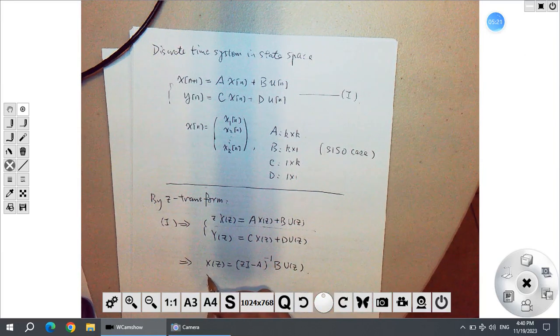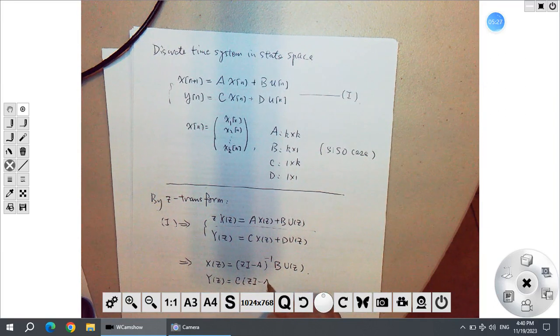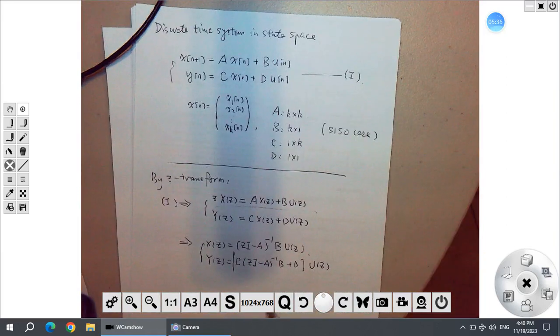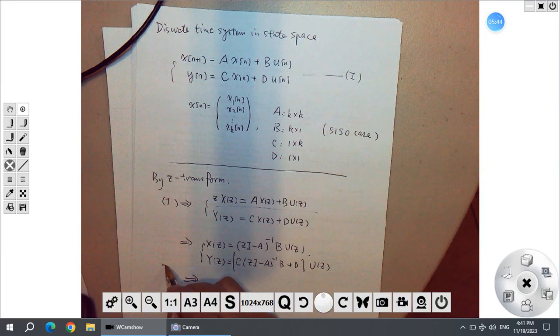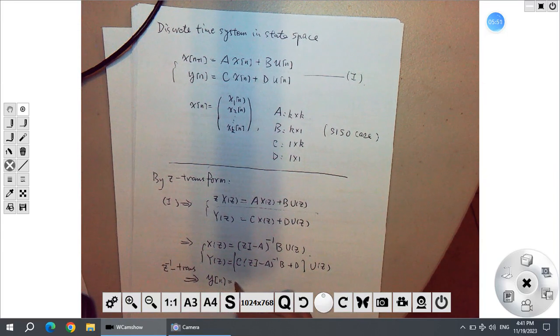And for y of z, we plug in, and that will be C times (zI minus A) inverse B plus D, times u of z. We get this result in the z domain. Then we perform the inverse z transform, and we have y of n.